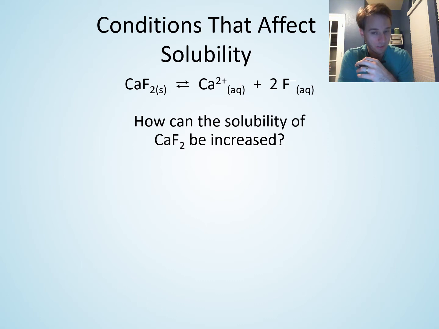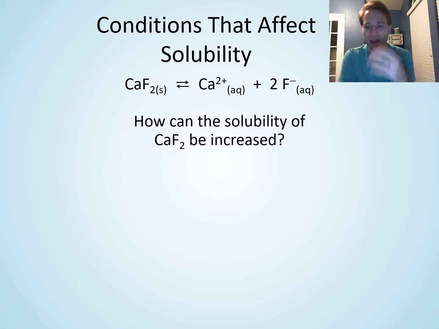Fluoride is a weak base, so if I react it with a strong acid, it's going to form hydrofluoric acid, and that's going to remove some of those fluoride ions. Well, now I've removed some products in this equilibrium reaction, which is going to cause my equilibrium to shift to the right and form more calcium ions and fluoride ions in solution, which means I will dissolve more of my solid.